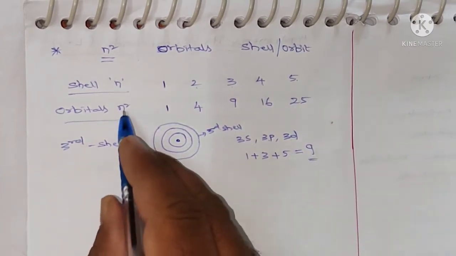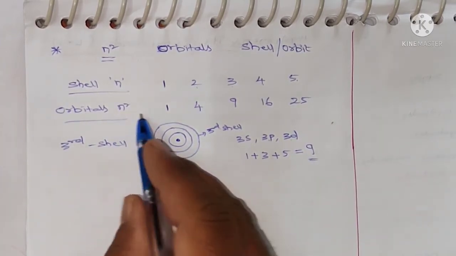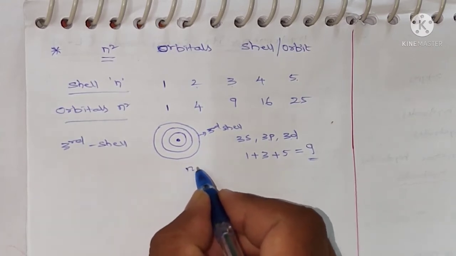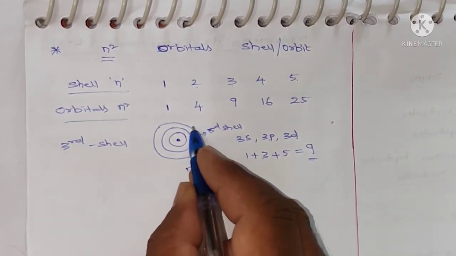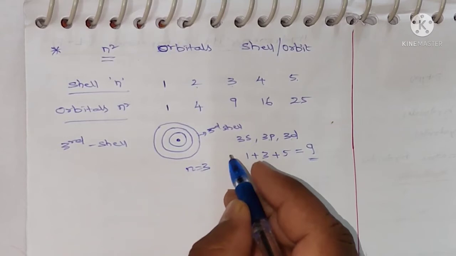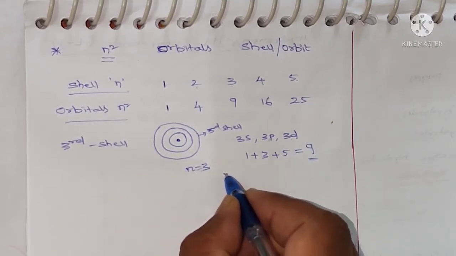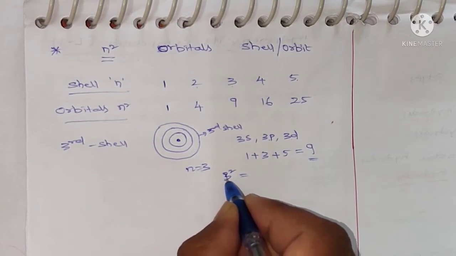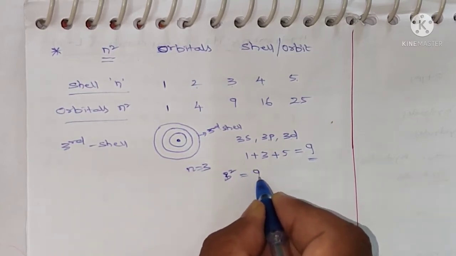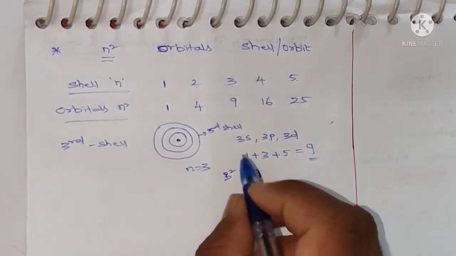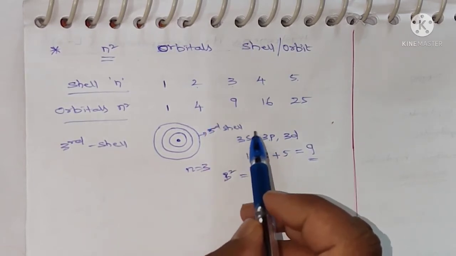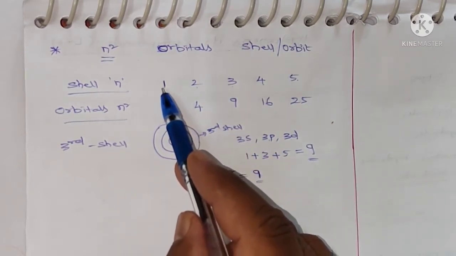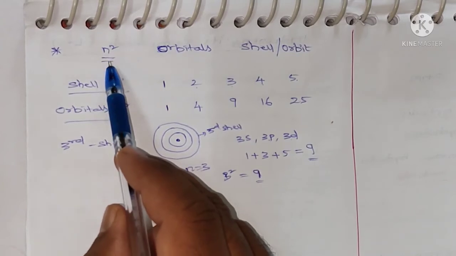So according to that formula, n square. Here n is equal to 3 because it is a third shell. So n is 3, so 3 square is equal to 3 3s are 9. So the total number of orbitals present in a shell is equal to n square.